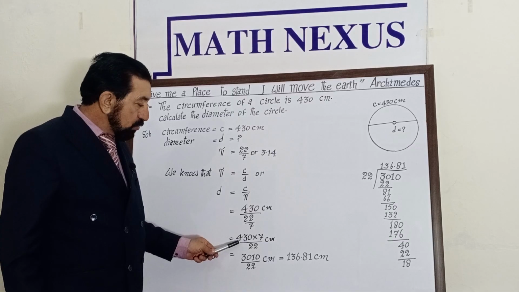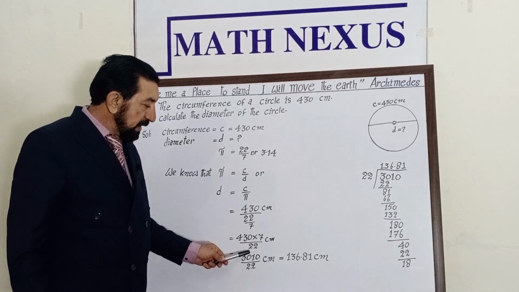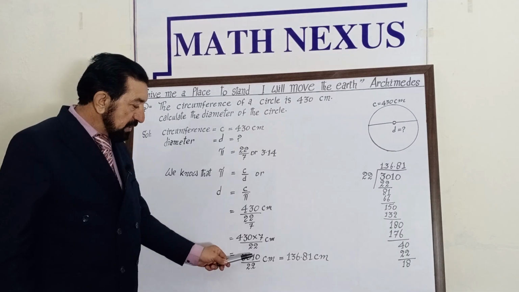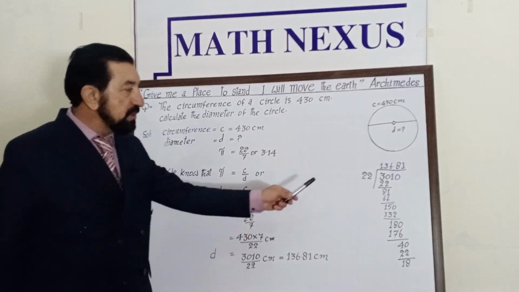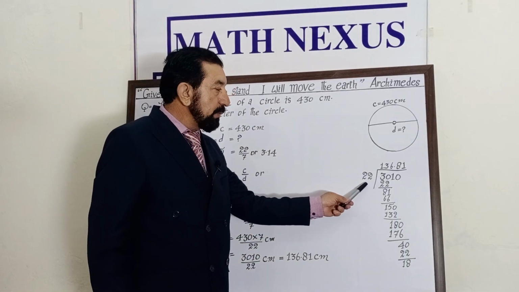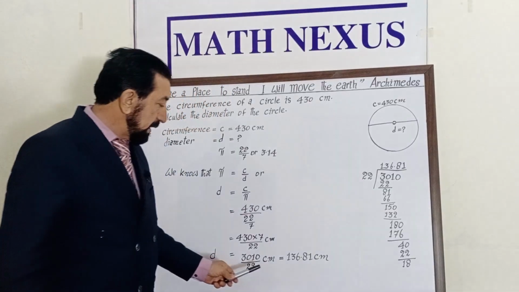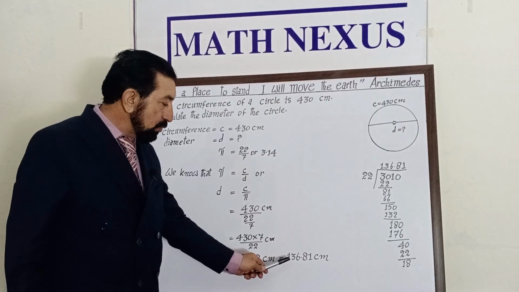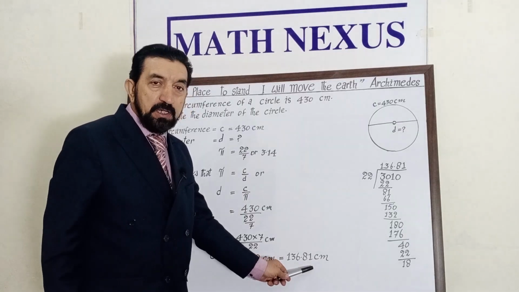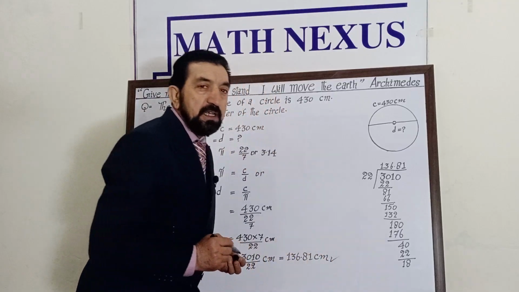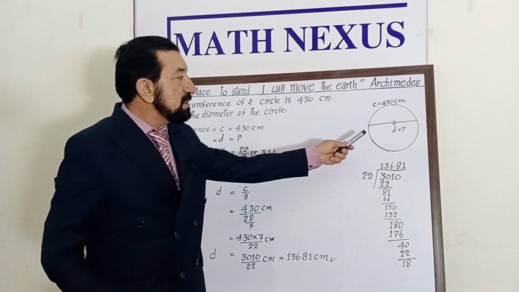We can write 430 into 7 upon 22 centimeter. This is equal to 3010 upon 22, which is equal to 136.81. Diameter equals 136.81 centimeter. This is the diameter of this circle.